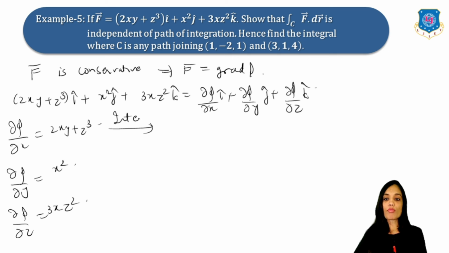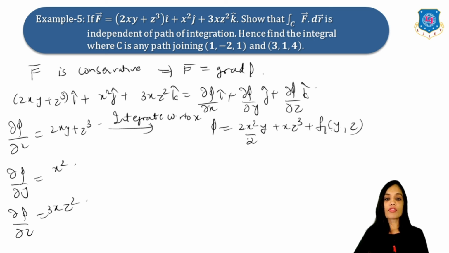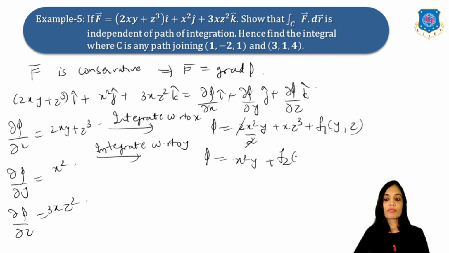Integrate with respect to x, right? Phi is equal to 2 into x^2 by 2 y plus xz^3 plus f1 of (y, z). Similarly, if I integrate this with respect to y, our answer will be x^2 y plus f2 of (x, z).